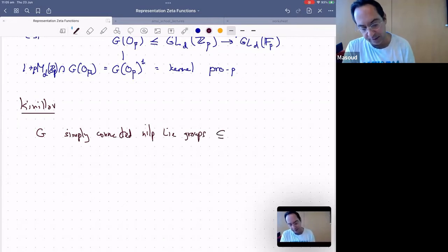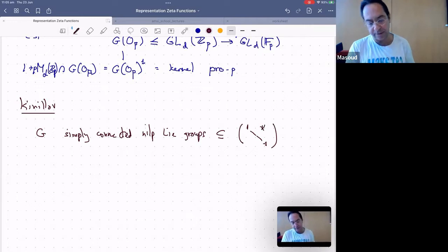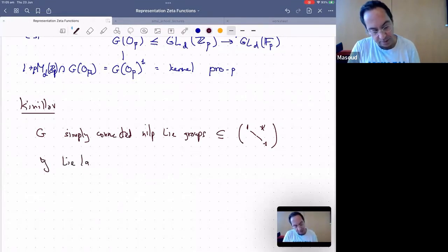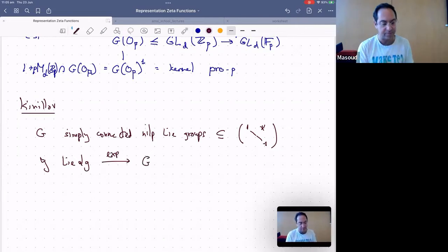You can think about them as sitting inside upper unitriangular matrices. And the good thing about them is that when you look at the Lie algebra, then the exponential map is a bijection from the Lie algebra to the group.